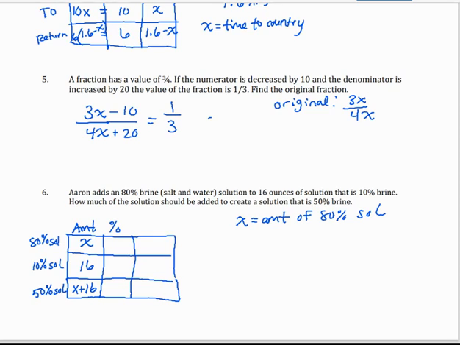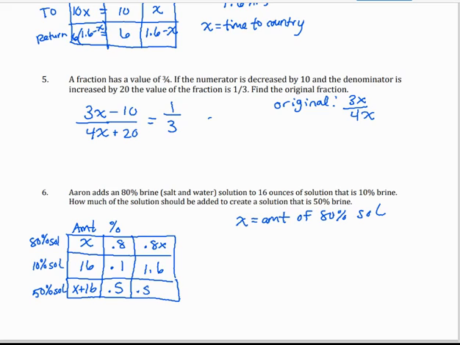Our percents we can literally take, but we're going to write them as decimals. So 80% is 0.8, 10% is 0.1, and 50% is 0.5. To find that last column, we multiply across. So 0.8x. And then we have 16 times 0.1 gives me 1.6.